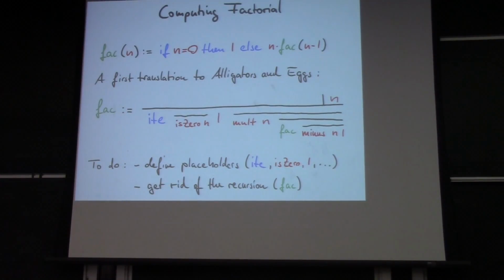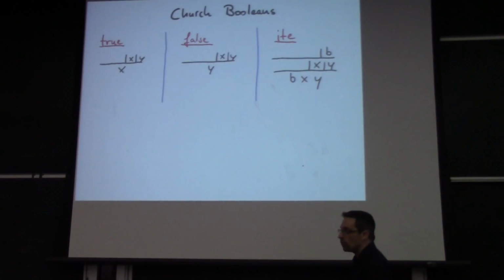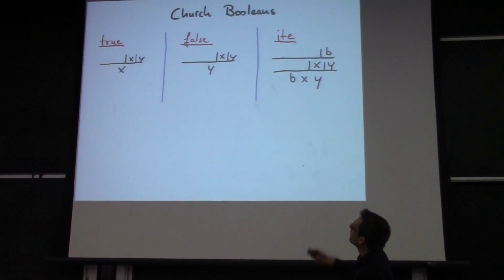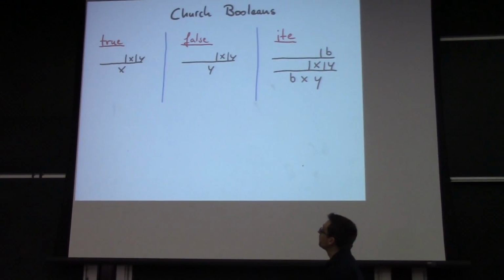In order to do this, we're going to use something called Church encodings. Church has nothing to do with praying. Church was a mathematician who did this in the 1930s. He came up with this idea of how to encode these things into these alligator and egg programs.